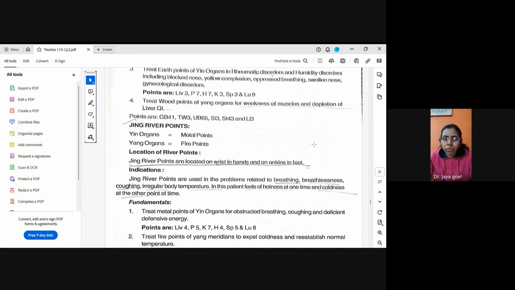These points are usually present at the wrist and the ankle. Wrist in the hand and ankle in the foot. These points are located on the wrist and the ankle. And the yang organ points are fire points, and the yin organ points are metal points.